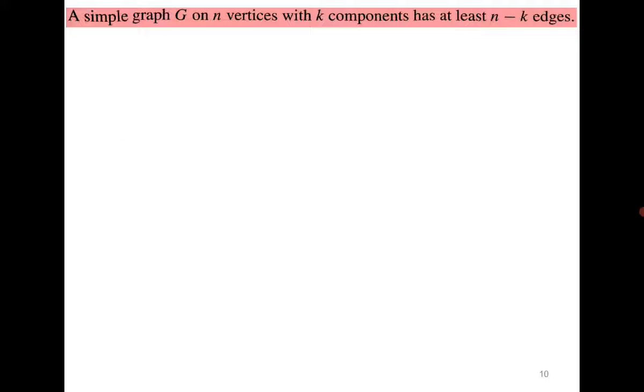The next result is, a simple graph G on n vertices with k components has at least n minus k edges. Again we will prove it by induction, and first we need to understand whether I should take the induction on n or on m.